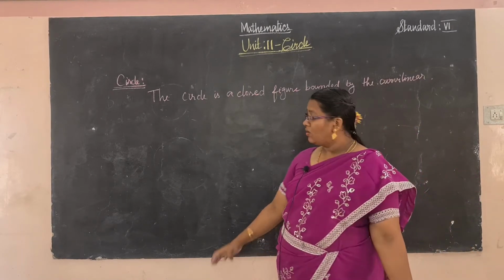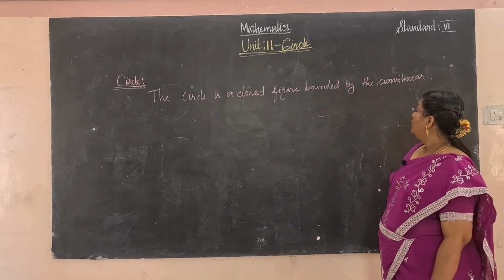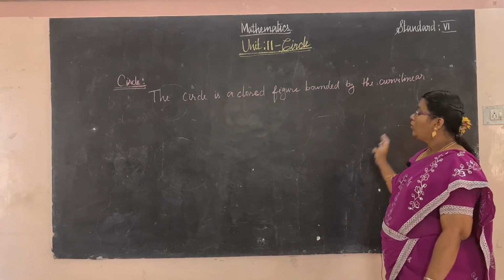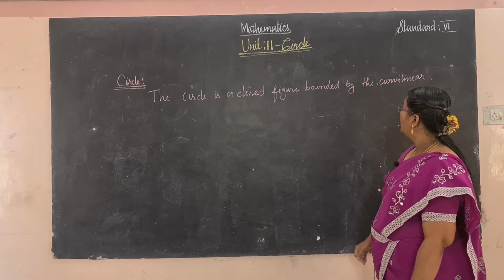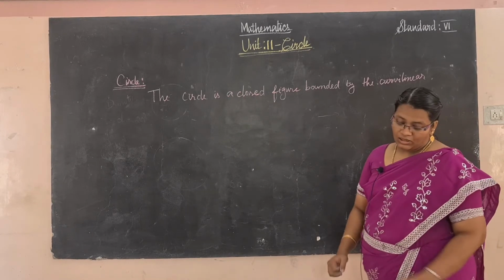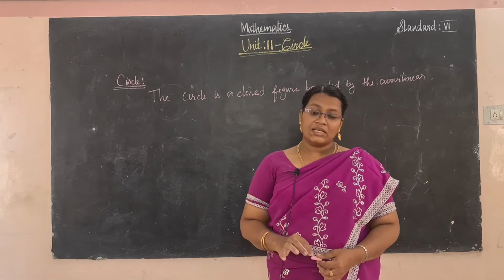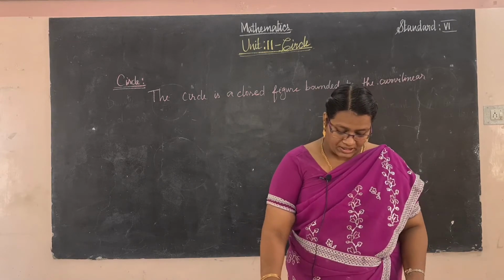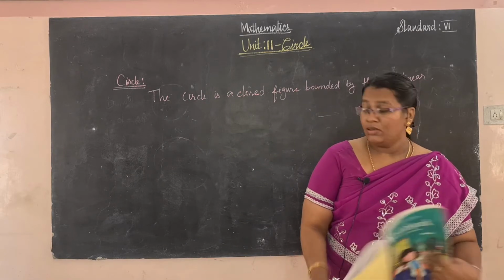A circle is a closed figure made up of the curvilinear boundary, or bounded by the curvilinear. It is called the circle. It has a fixed point. See here.